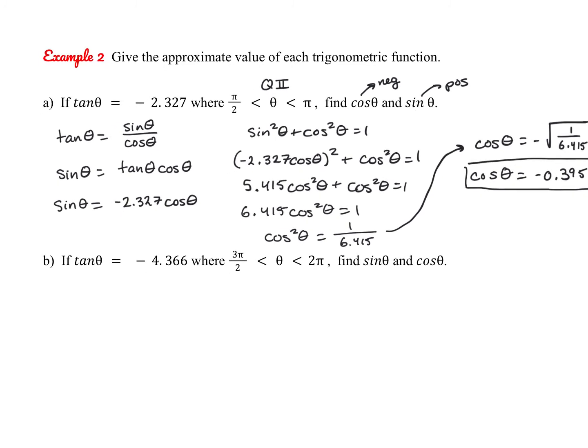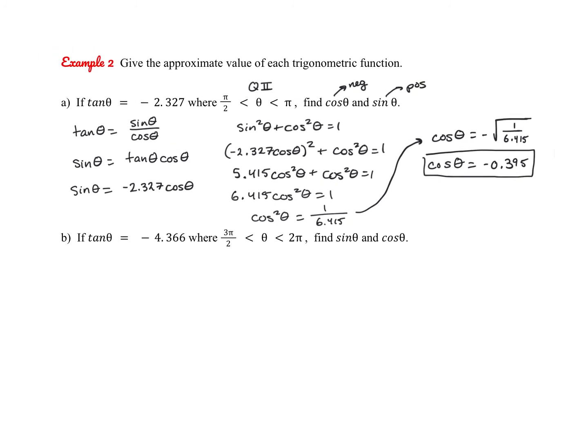But then we do need to go back and solve for sine. So I can go back and actually substitute that in right here. And when I multiply this negative by this negative, we do get a positive answer, which makes sense because our value for sine should be positive. So again, I'm just plugging that in. I'm substituting negative 0.395 in over here.